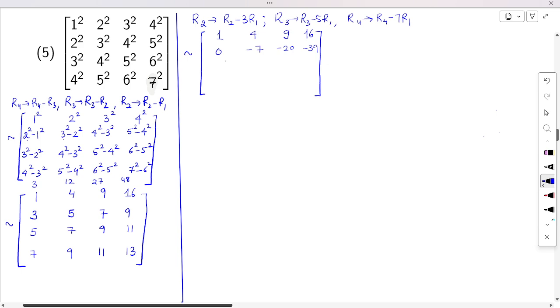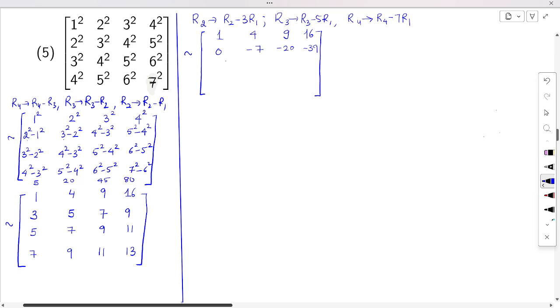In row 2 we get this. Now multiply row 1 by 5. This becomes 5, 20, 45 and 80.